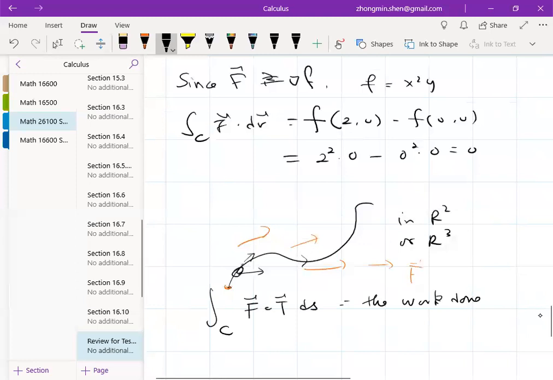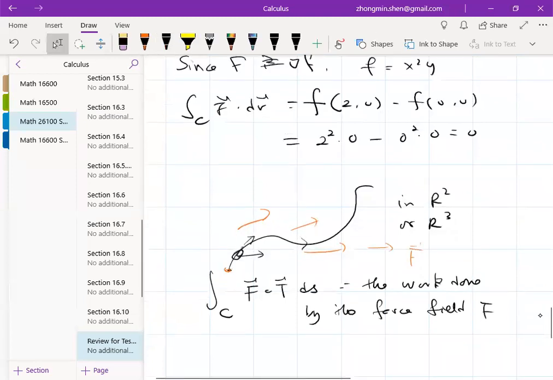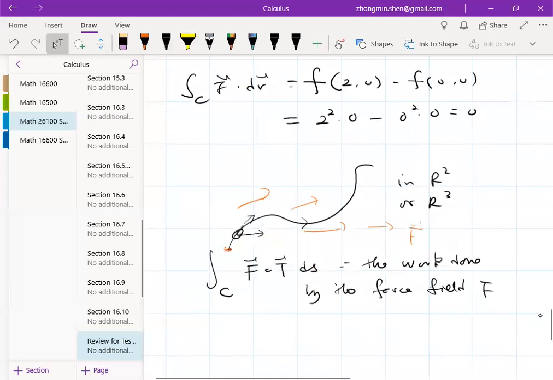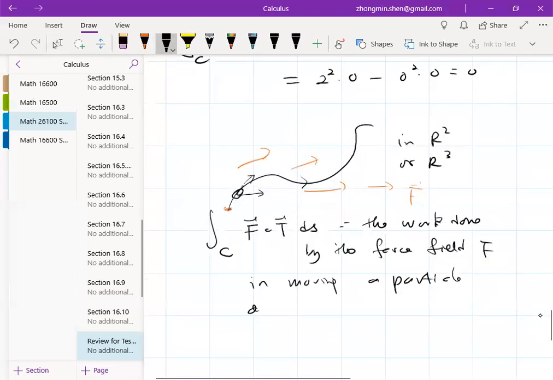So this is called the work done by the force field F in moving the particle from P to Q along the curve C. Okay, so that's the physical meaning of this line integral.